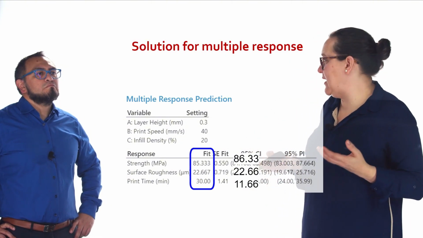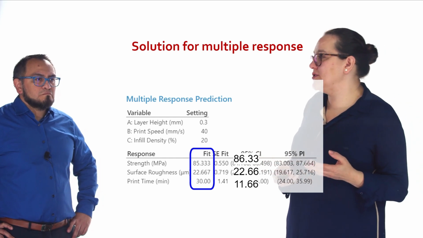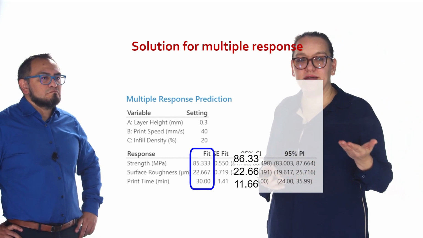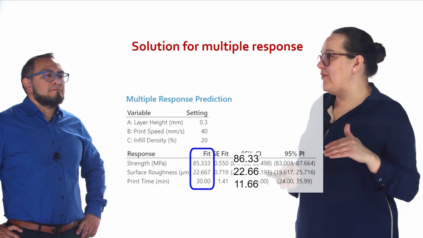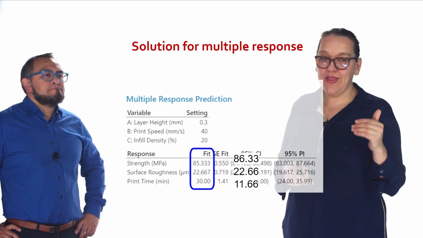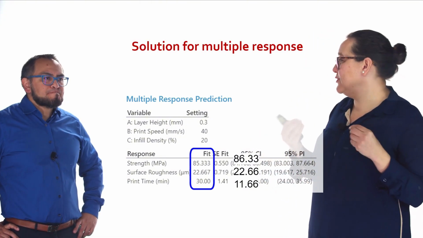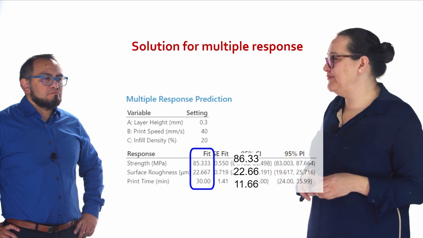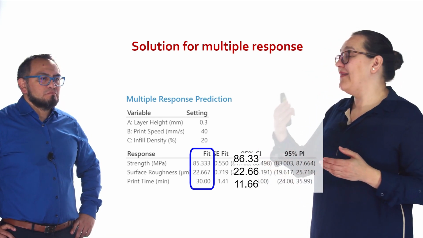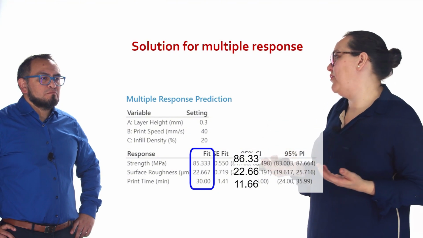So I think it's really good. You didn't lose much there. In the surface roughness, it's the same result. However, in the print time, if you select just print time, it will take around 12 minutes to print, and with this solution, you get 30.